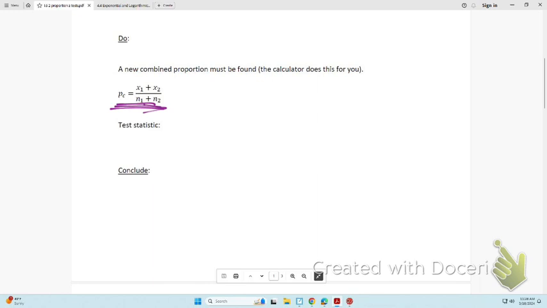So first off, you can just write 2 prop z-test, or you can choose to write the formula, which is pretty horrible. Even if you know this formula, it is no fun to write.